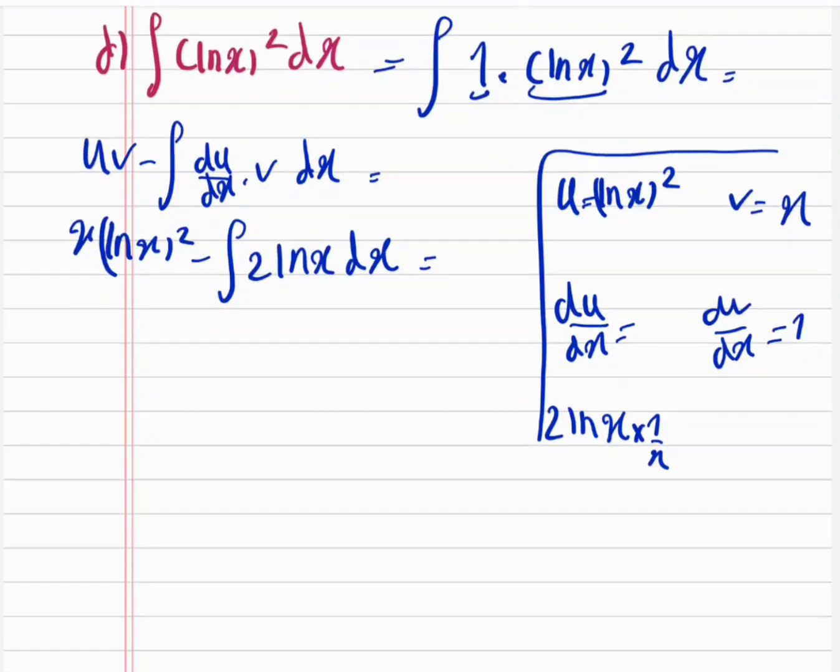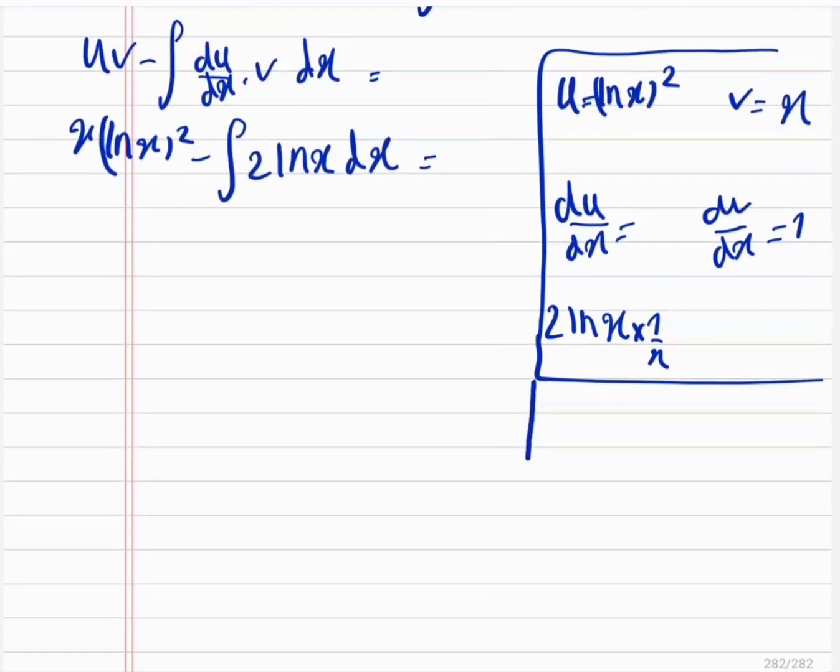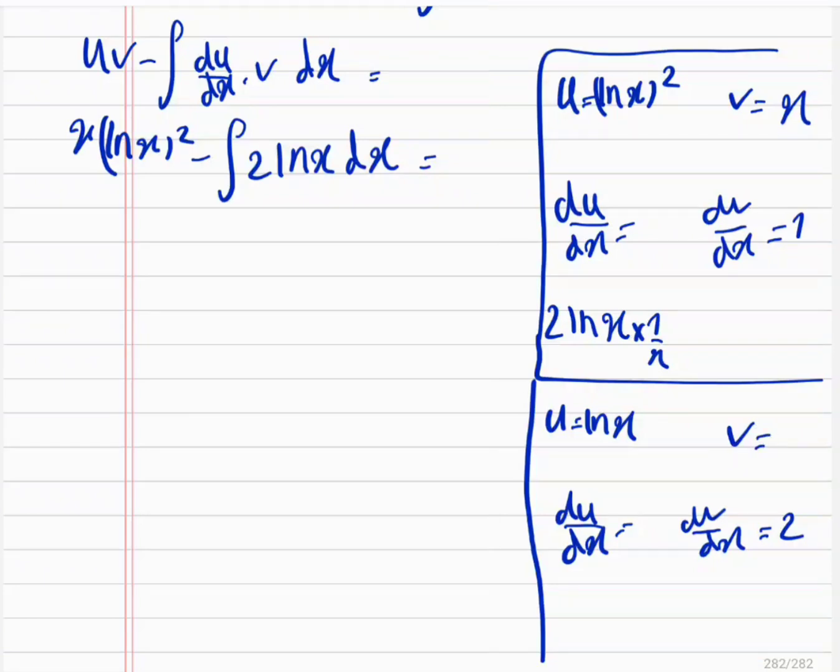Now here the problem is that we can't integrate this directly, but what we can do is use another integration by parts inside this, because similar to what we had, again we take u equal to ln x, and then dv/dx equal to 2, so we find v.